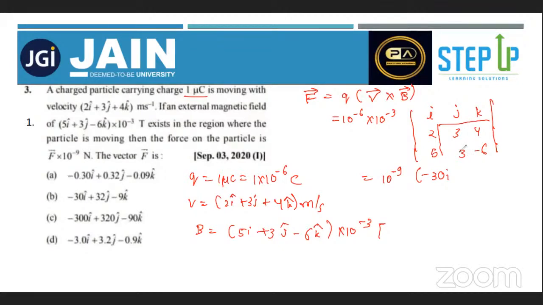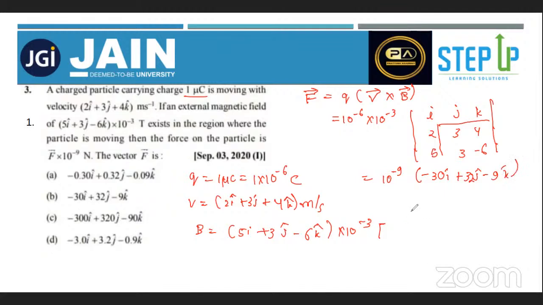So minus 32, and it becomes plus 32j, because the sign alternates in the expansion, I hope you know. Then further for k, 2 times 3 is 6, minus 15. 6 minus 15 is minus 9k.